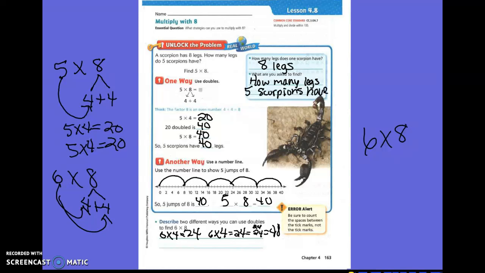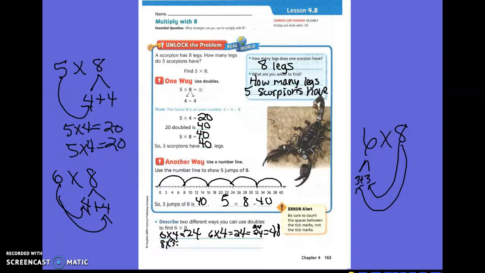What's the other way? Instead of splitting the 8, this time we want to split another number. You can split 6 into 3 plus 3. So instead of doing 6 times something, we're going to do 8 times 3 and 8 times 3 again. 8 times 3 is what?